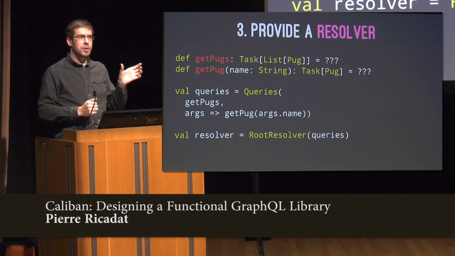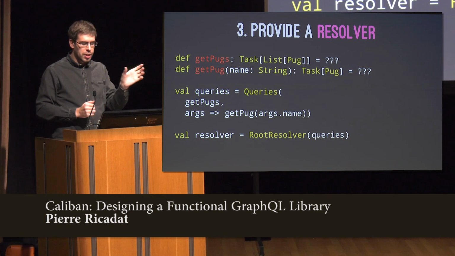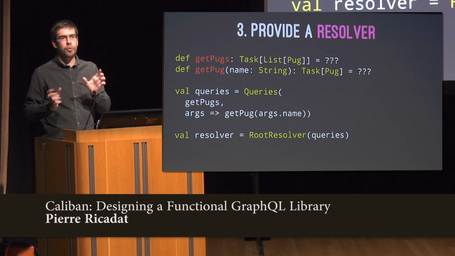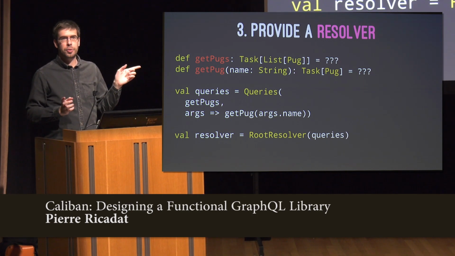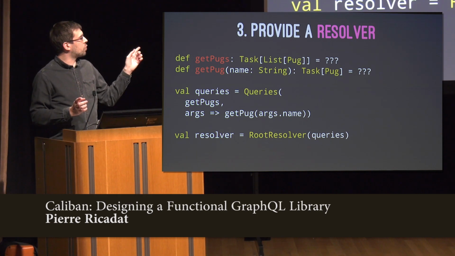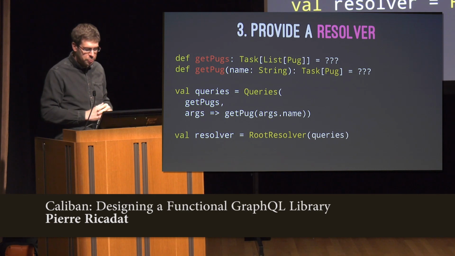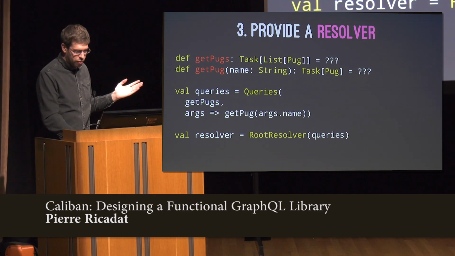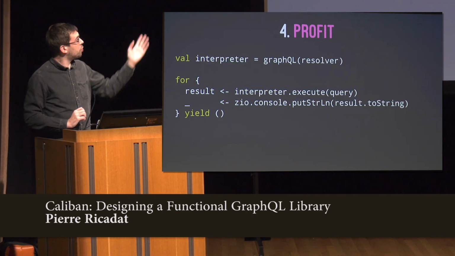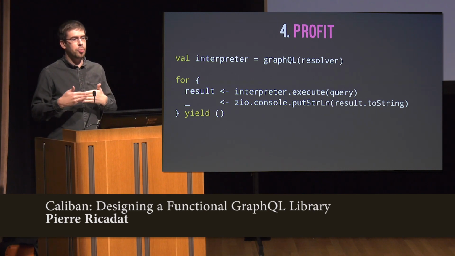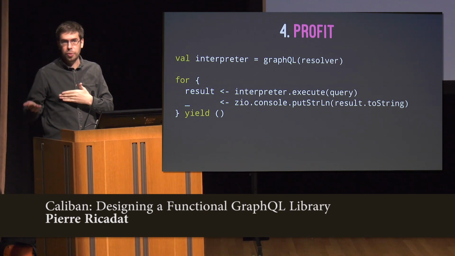It takes three parameters: a queries object, a mutation object, and a subscription object. You don't have to provide all three of them, only the queries are mandatory in GraphQL. So if you don't use mutation and subscription, they will just default to unit. So you have this val resolver, and then you call the GraphQL function that returns an interpreter. And the interpreter can be used to run queries.